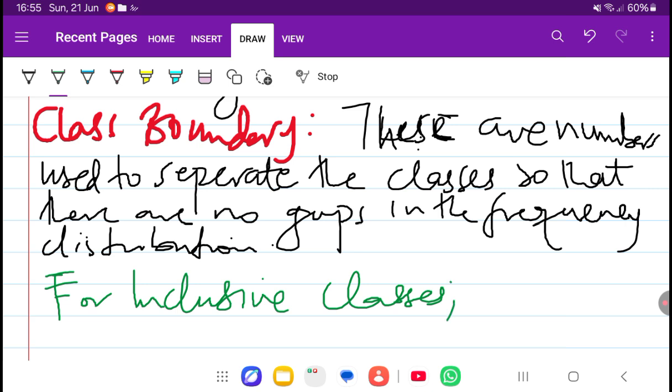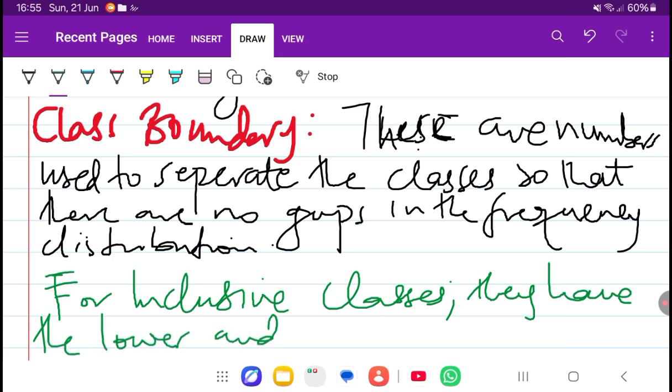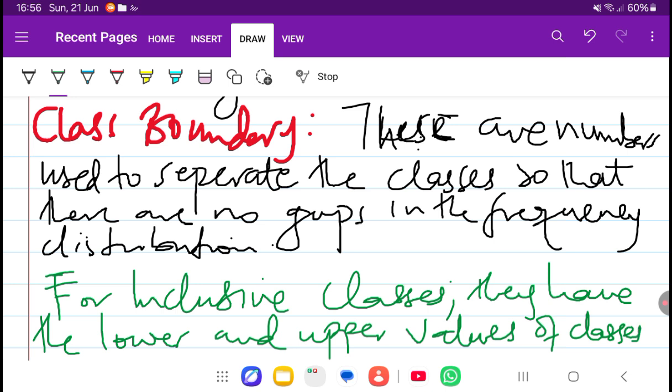For inclusive classes, these classes have the lower and upper values of classes that make common points between them.